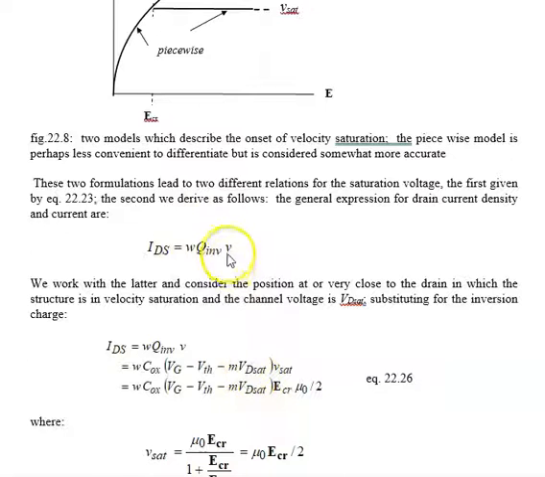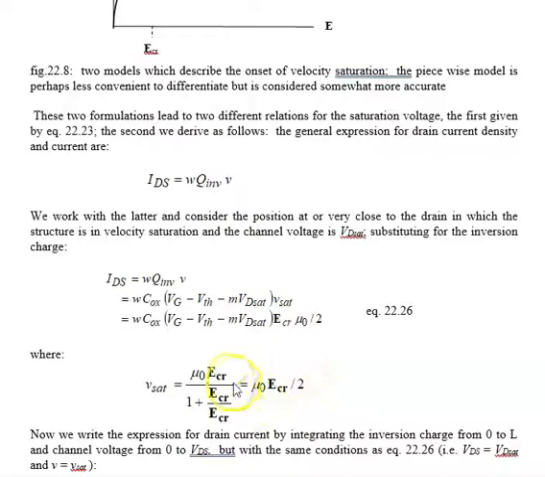And for velocity, we substitute VSAT, and VSAT is equal to, well, we have a critical value of electric field. So VSAT is equal to mu zero multiplied by E critical divided by 1 plus 1, or 2. So instead of VSAT, we put in E critical mu zero divided by 2.